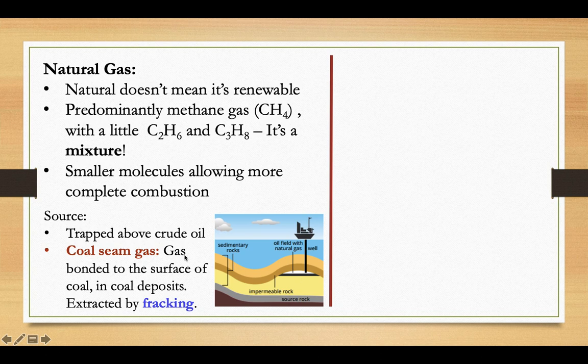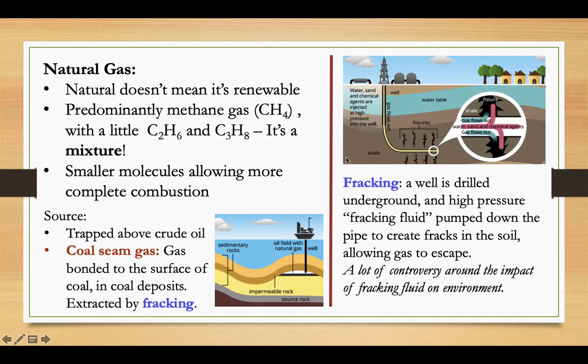Sometimes natural gas also gets trapped in coal, which, remember, is the fuel buried under your land, and it is bonded to the surface of the coal, so we can extract it by a process called fracking. Fracking is done this way.